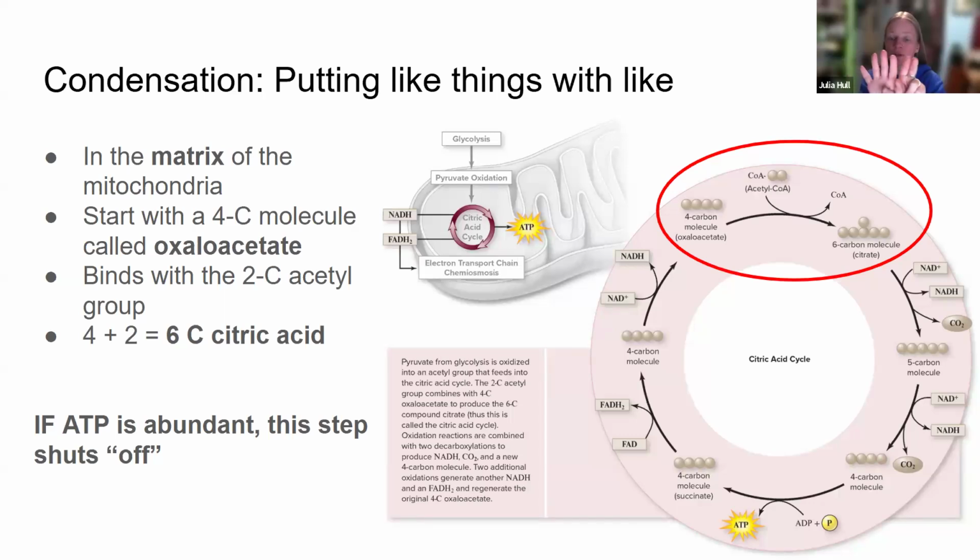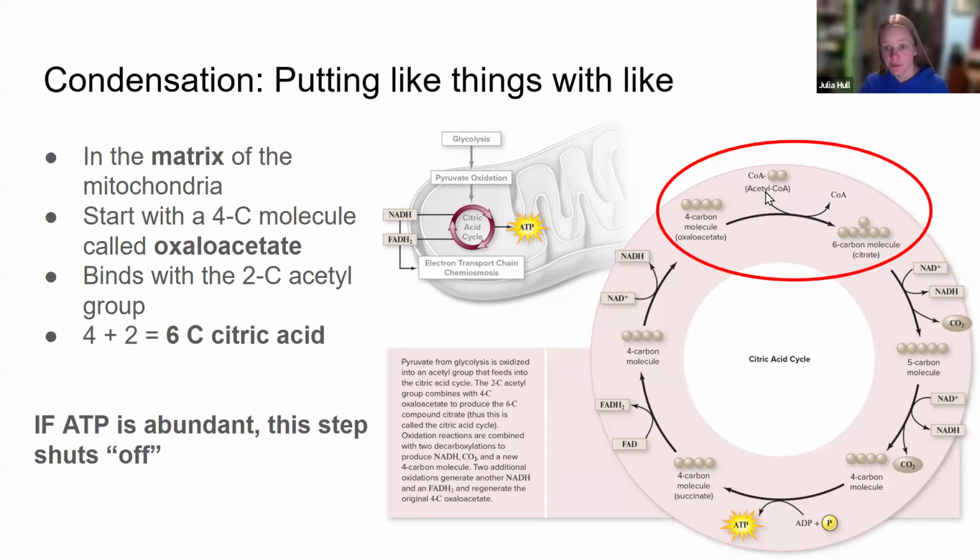When we put that together, it gives us a 6-carbon molecule called citrate, also known as citric acid. That's called a condensation. So we're just taking the 2, smashing it together with 4 so that we can start this process.